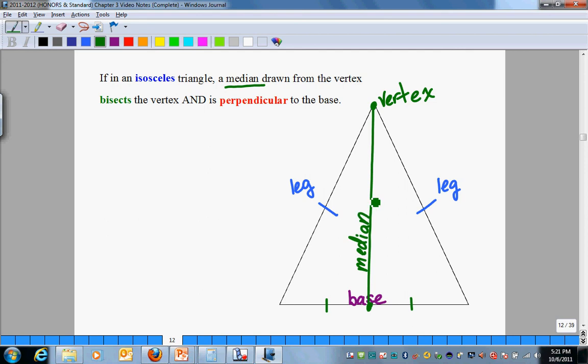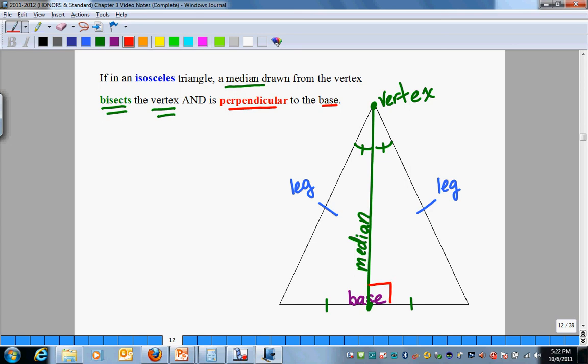That median has two properties. One, it bisects the vertex. That means it cuts the vertex in half. Two, it's going to be perpendicular to the base or create a right angle.